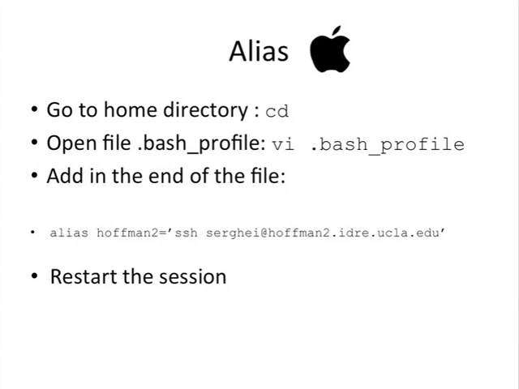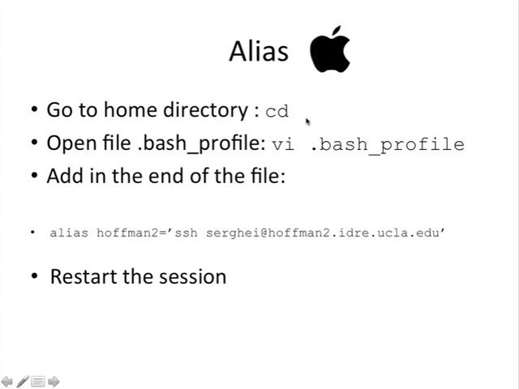For the Mac, this is only for the Mac. We want to do the same thing we did with the alias when we did cp -i or mv -i. So instead of typing this long line to connect to the cluster, all you need to type will be this, Hoffman2.